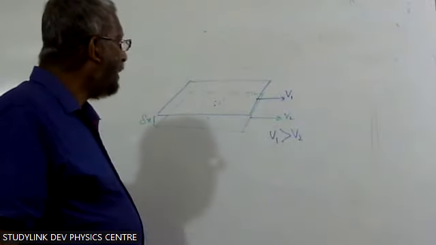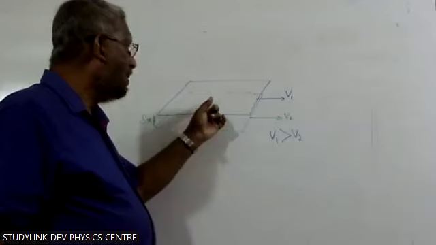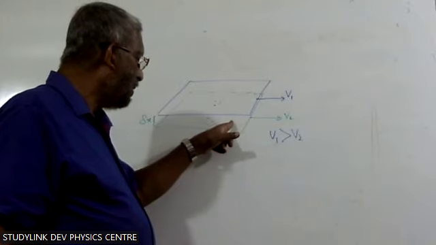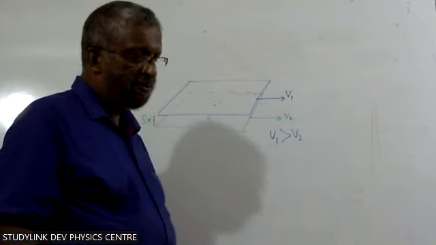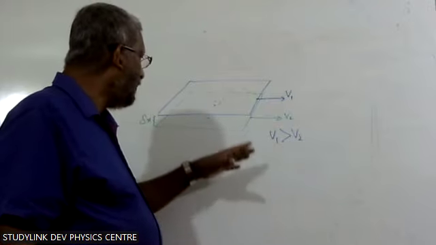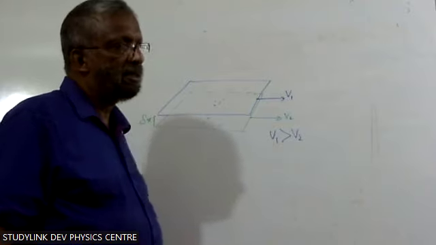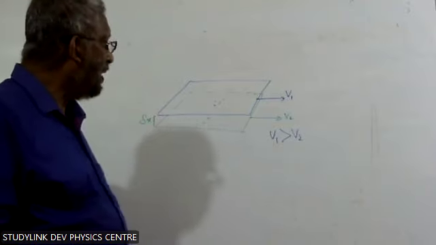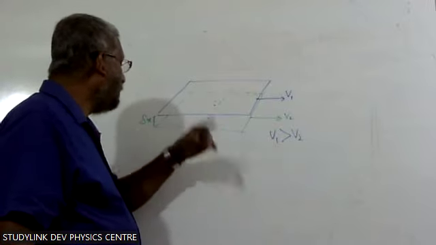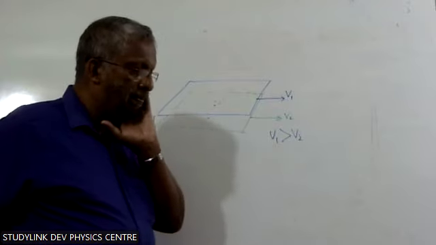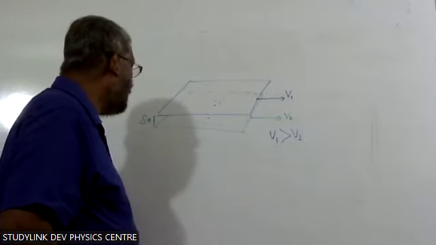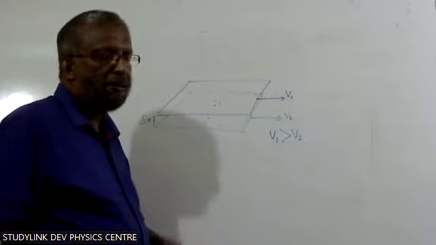Now, particles in the V1 layer may come to the V2 layer. Then the velocity of the V2 layer slightly changes. If any particle from V2 goes there, that particle gets higher velocity. If there is a relative motion between the particles, that can happen.